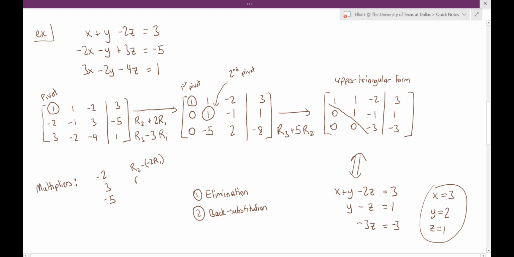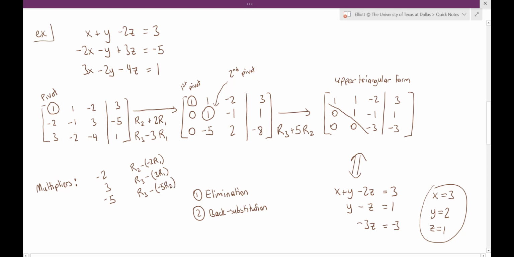And then likewise in the second row operation, when we did row 3 minus 3 row 1, the textbook takes this 3 to be the multiplier, and row 3 plus 5 row 2 plus 5 is the same as minus a -5.